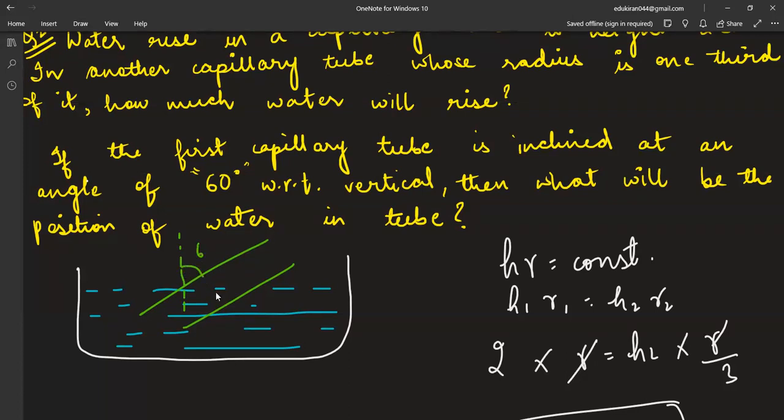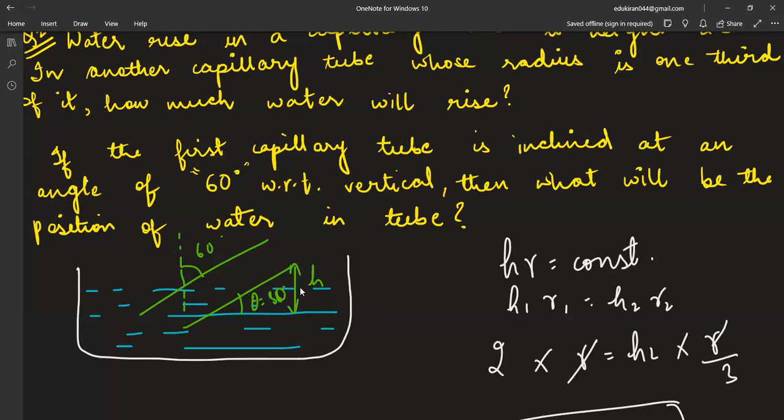This is 60 degrees. Do we take this angle? Right now also when I had drawn, this is theta that you take from the water level. So you will be subtracting 60 degrees from 90 degrees, and you will get 30 degrees. This angle you will consider. So be very careful with respect to water level, with respect to horizontal, with respect to vertical, what is being mentioned.